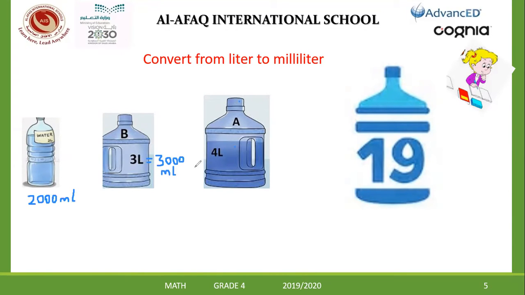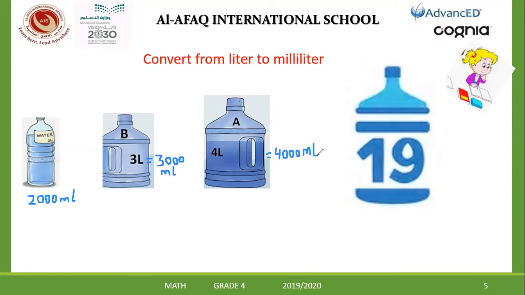What about 4 liters? If you want to convert this amount of liquid to milliliters, by multiplying by 1000, it will be 4000 milliliters. Milliliter is the new unit after I multiply by 1000.